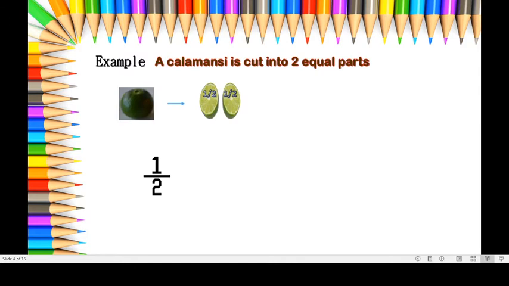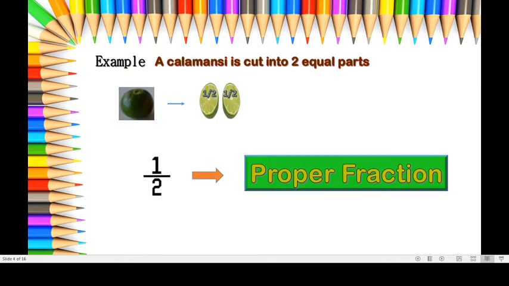Therefore, 1/2 is a proper fraction. Again, a proper fraction is when the numerator is less than the denominator.